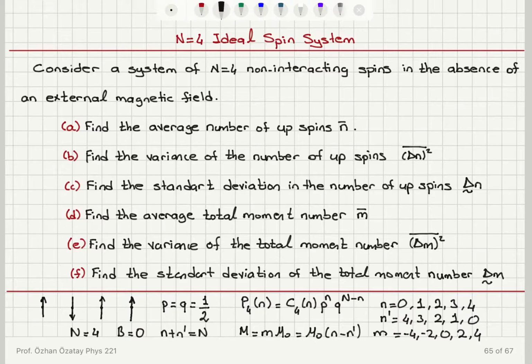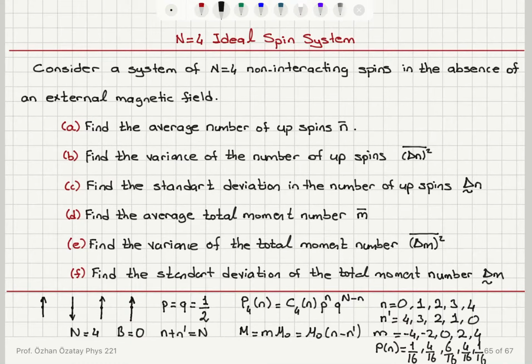Now I would like to list the corresponding probabilities. The probability of having an n value here is something we have done before. We have calculated these probabilities. It's going to be 1 over 16, 4 over 16, 6 over 16, 4 over 16, and 1 over 16.